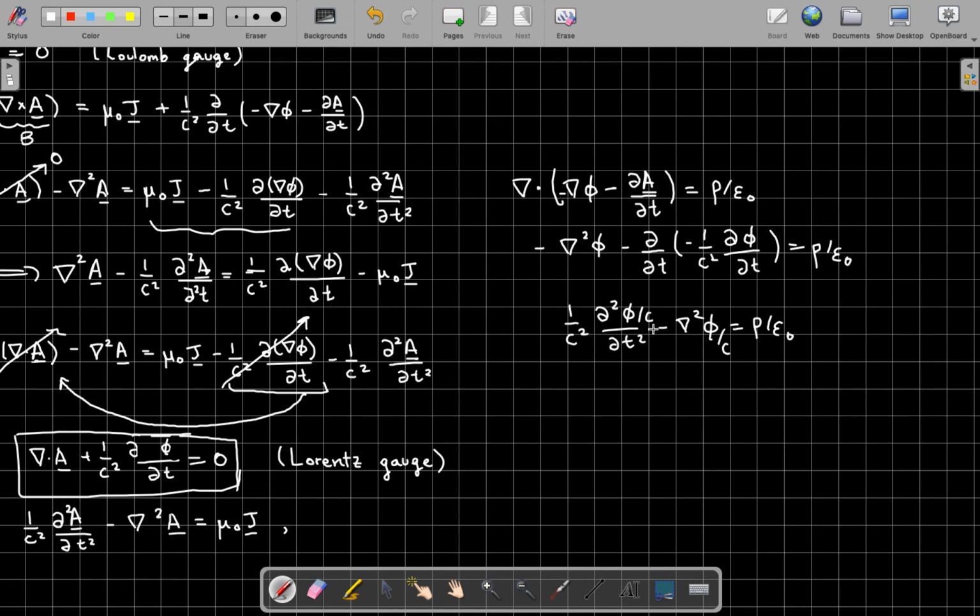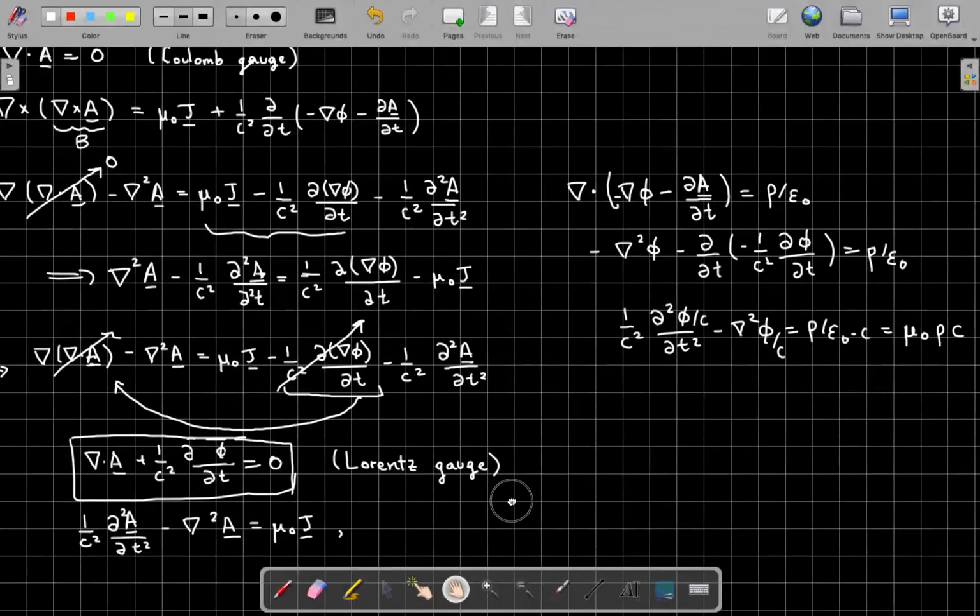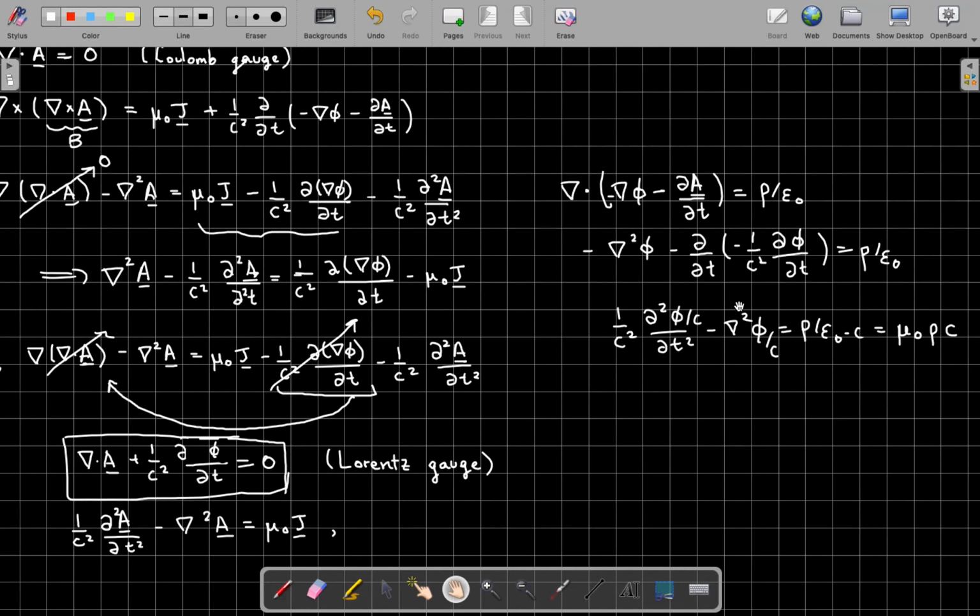And that will give me mu 0 rho c, right? Yeah, that's right. Okay. So this is our second wave equation, right? This is our wave equation for the vector potential. This is our wave equation for the scalar potential.